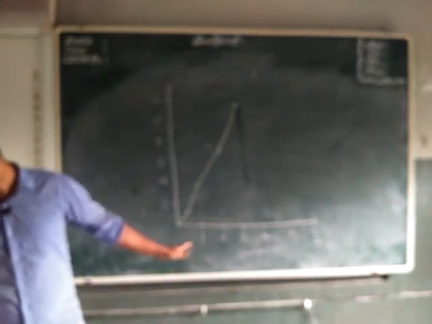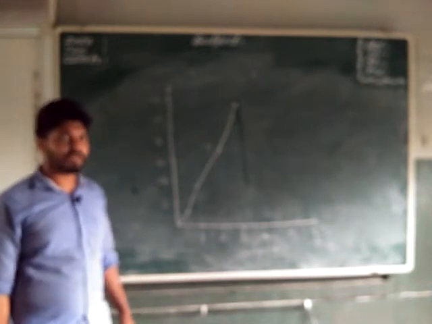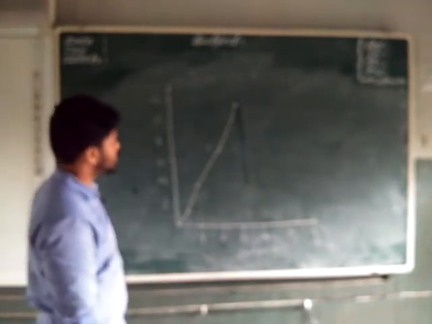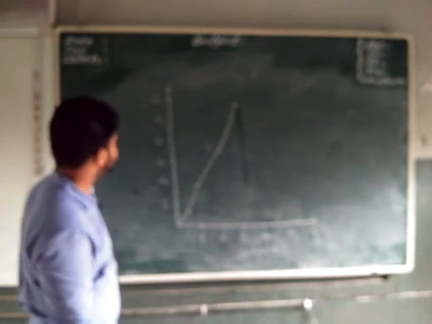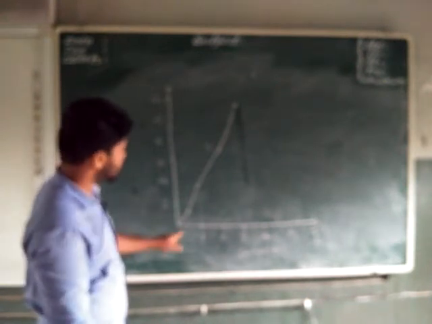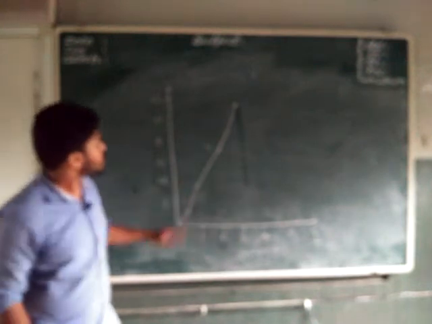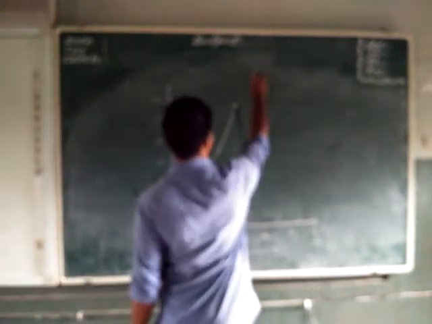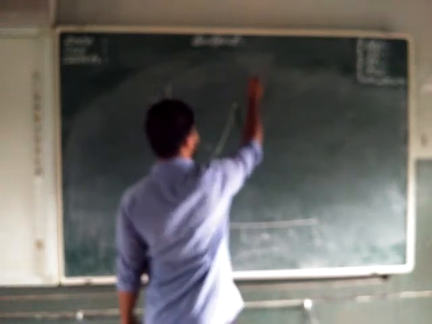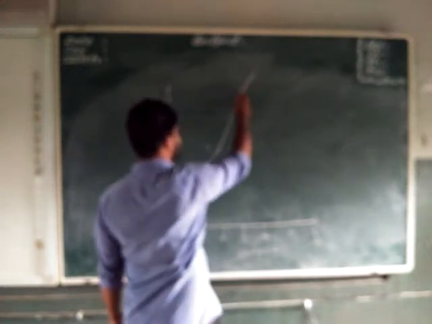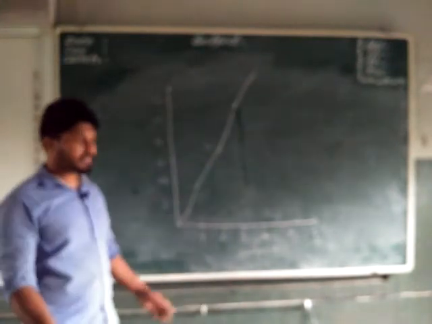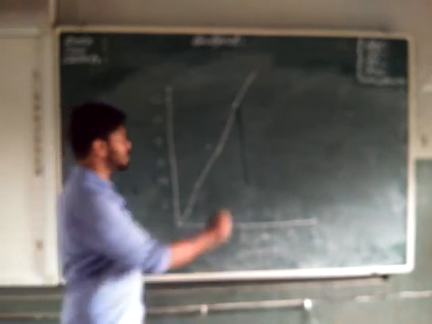Then now I have to find the slope. How to find the slope? Just consider any 2 points. Let me consider any 2 points for taking the slope.